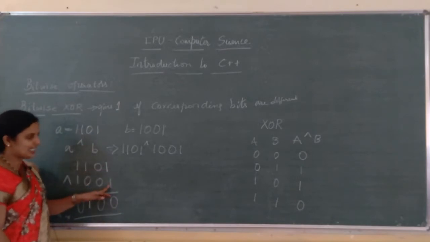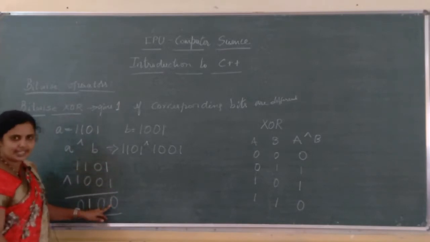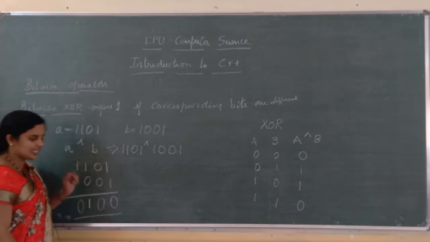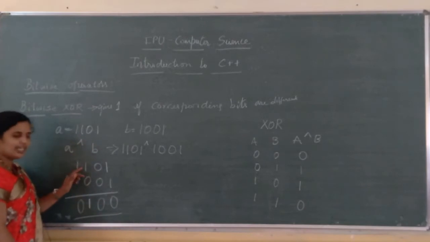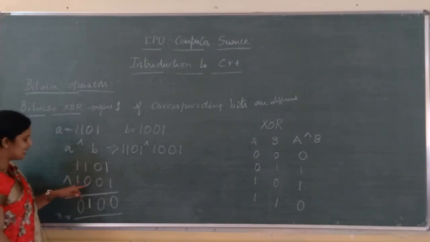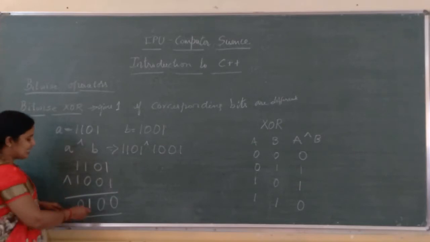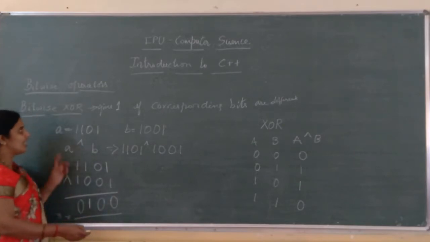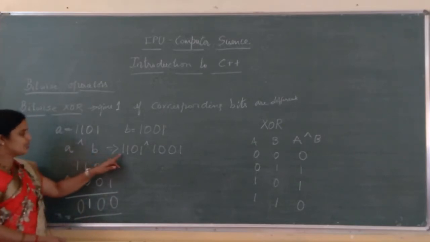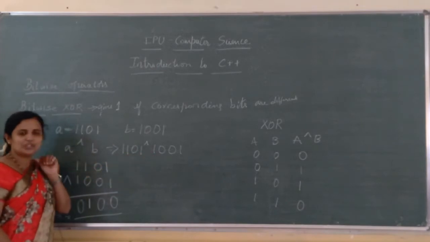1 XOR 1, according to the table, is 0, both the bits are the same. 0 XOR 0, both the bits are the same, so that is 0. 1, 0, here the bits are different, so I get 1. 1 XOR 1, bits are the same, so I get 0. So the final answer for A XOR B is 0, 1, 0, 0, where A is 1 1 0 1 and B is 1 0 0 1.